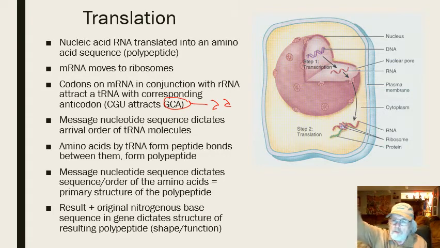The third codon brings a transfer RNA with the appropriate anticodon. The fourth codon brings the fourth transfer RNA with the appropriate anticodon. The amino acids from the transfer RNA then form peptide bonds between them, and they form a polypeptide, which is the protein.